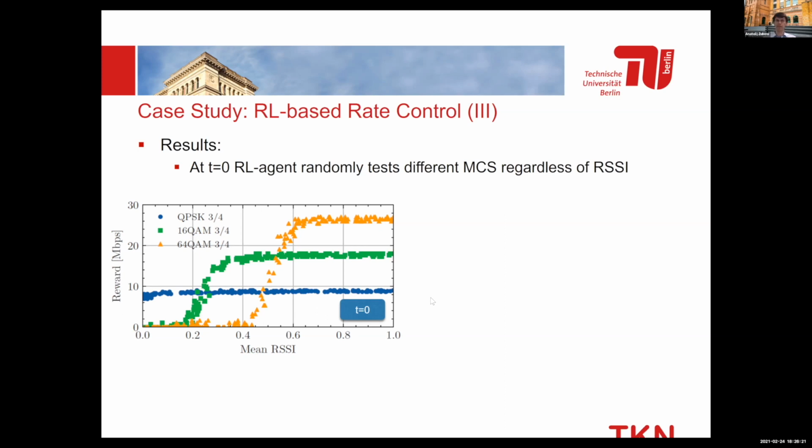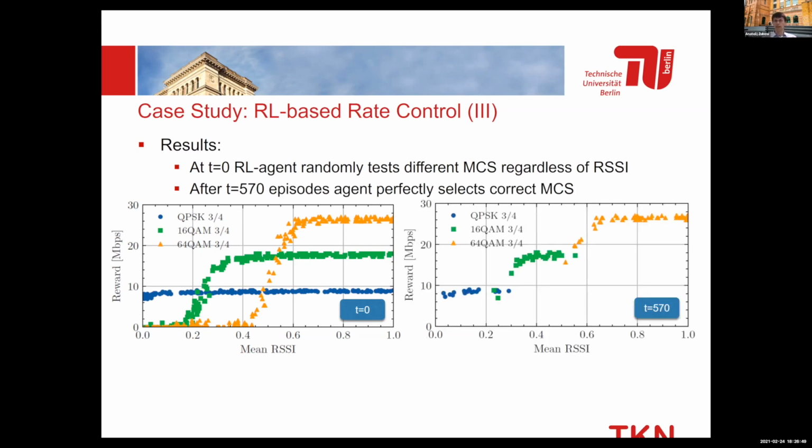And what we see here is that at the beginning, the agent is randomly selecting different MCS regardless of the signal strength. So you see, even if the RSSI is very low, he still selects sometimes high MCS, which is not correct, right? You cannot transmit 64 QAM if you have very poor channel quality. So it's completely random. He's not taking the observation into account.